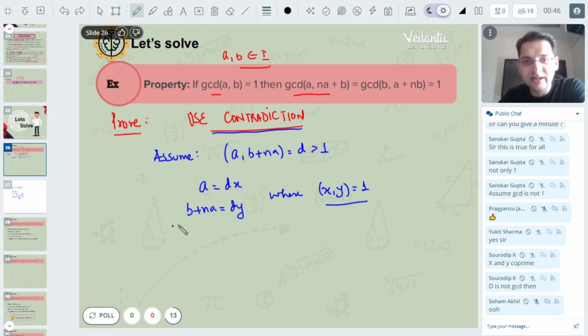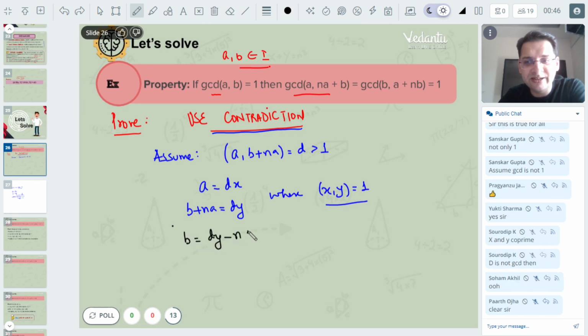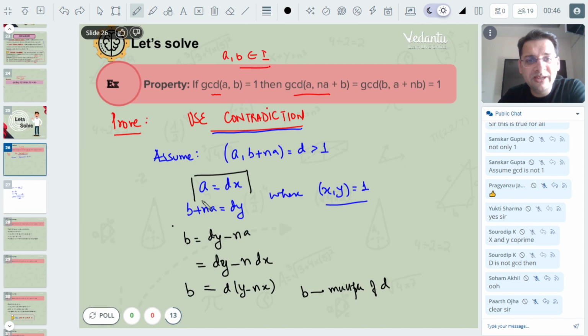Now, in this case, guys, B is DY minus NA, which is DY minus N times DX. So D can be taken out, it is Y minus NX. And this shows that B is a multiple of D. A is already a multiple of D. B is also a multiple of D. That means GCD of A, B is not going to be 1.